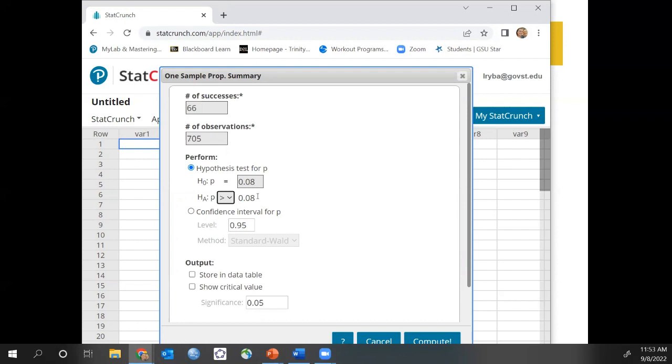We are going to enter your value for your hypothesis as well as the symbol here. And then down here is our significance. So I can click show the critical value, and I'm going to enter my level of significance, which is 0.05. There's your default. And I'm going to click compute.